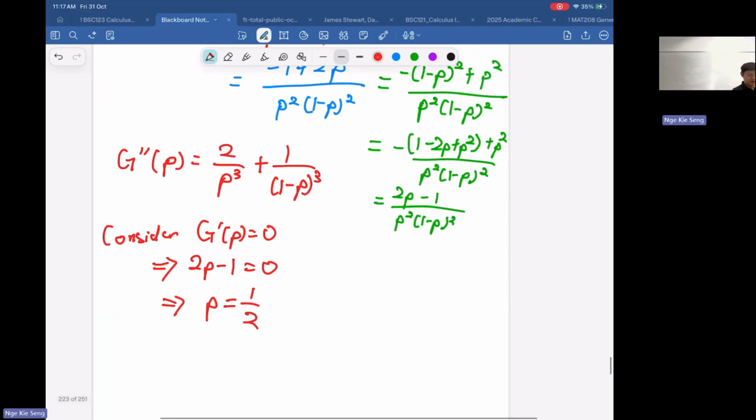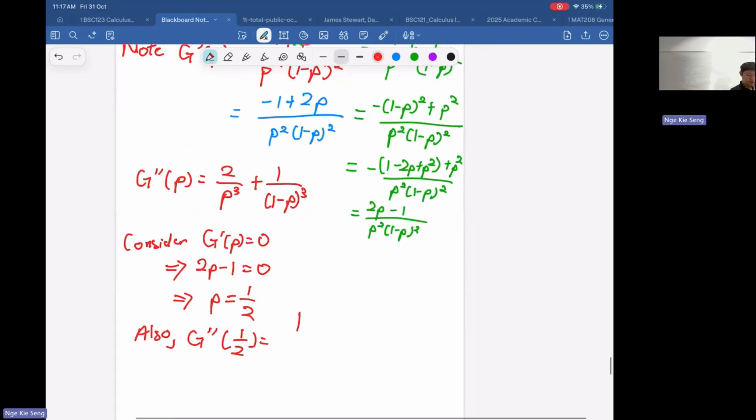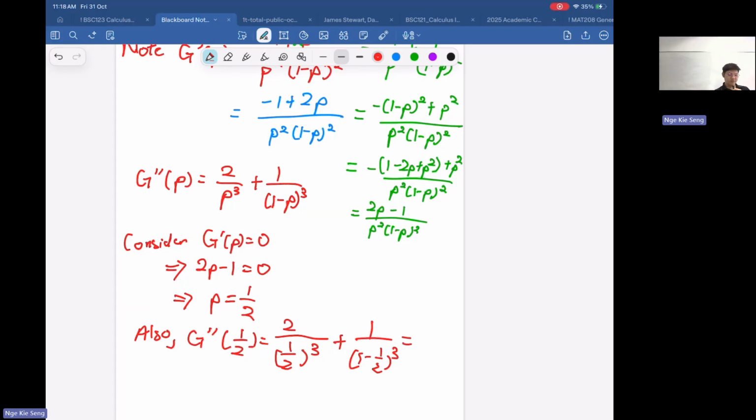If you want to use the second derivative test, you have to evaluate your second derivative at 1 over 2: 2 over (1/2) cubed plus 1 over (1 minus 1/2) cubed. I guess you get 24. 24 is positive, meaning this point is a local minimum.